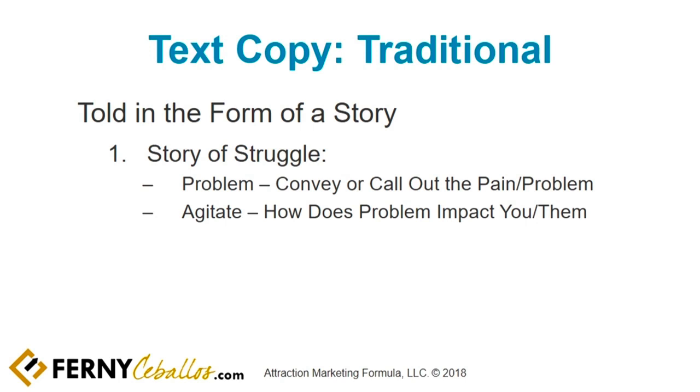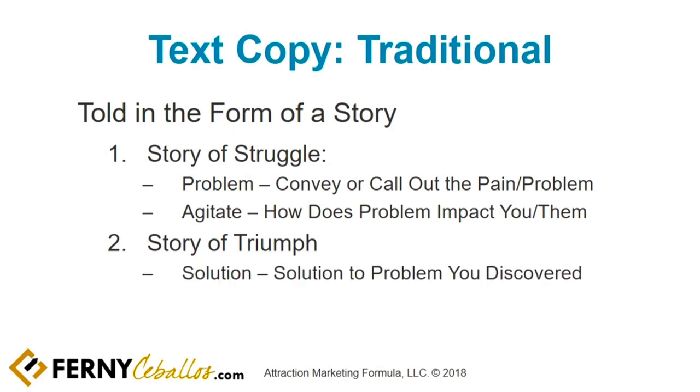Or in the story, you're telling the story from your perspective. It's first person. So what problem did you deal with? How did that impact your life? What did your life look like when you dealt with this problem? That's the story of struggle part. And then you have the story of triumph. But then I found a solution.